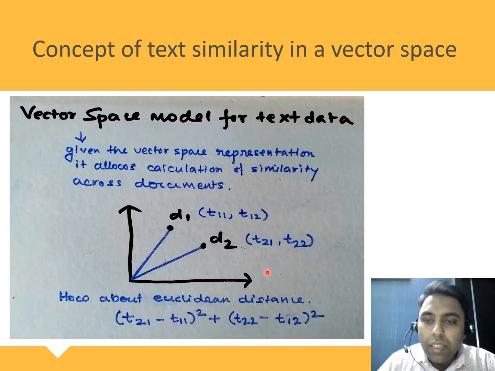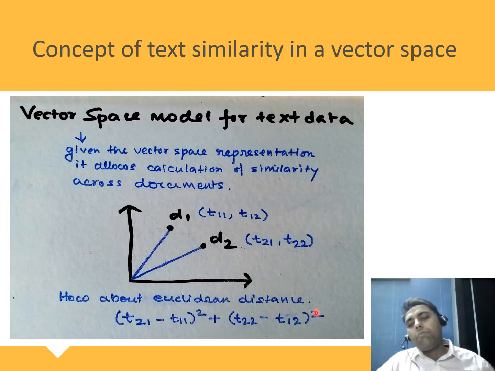However, if there are dissimilar words present in the two documents that we are comparing, then the component-wise differences and the square of them will not get zeroed out. We will get some positive values there, and hence the distance will be large.